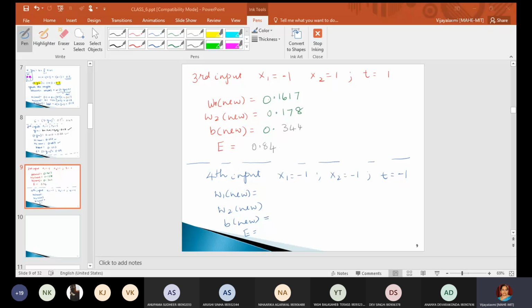Agam Kumar Rai, Astha Shukla, Anish, Anish Chawla. Yes, ma'am. Okay, can you tell me the fourth input? Just a minute. Just give me the values W1, W2, B and E.